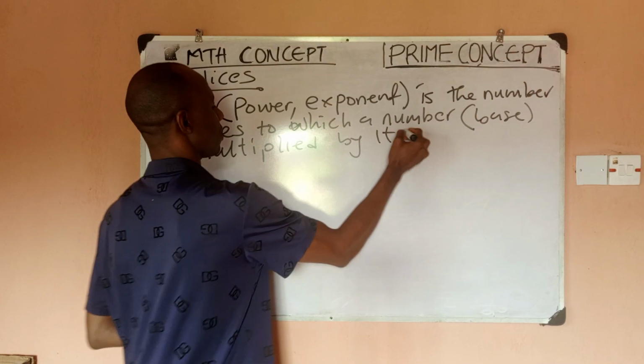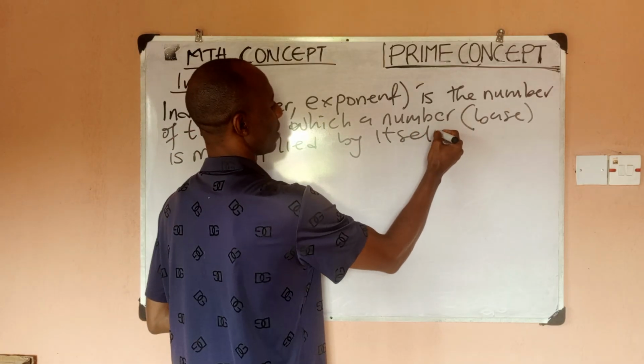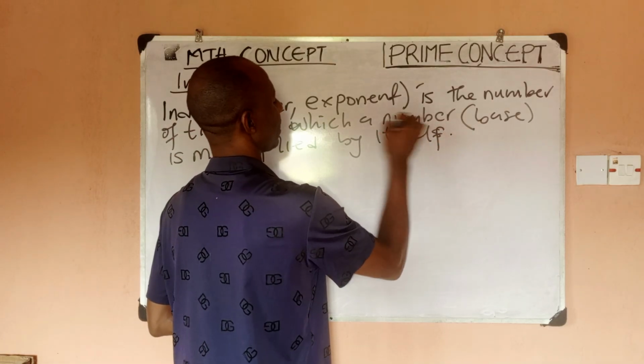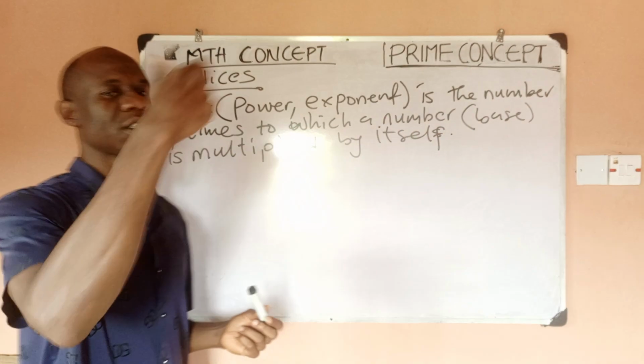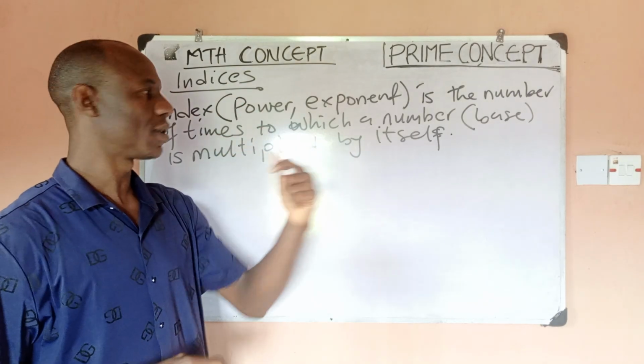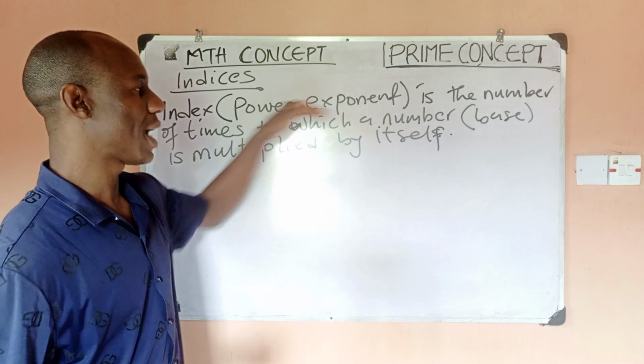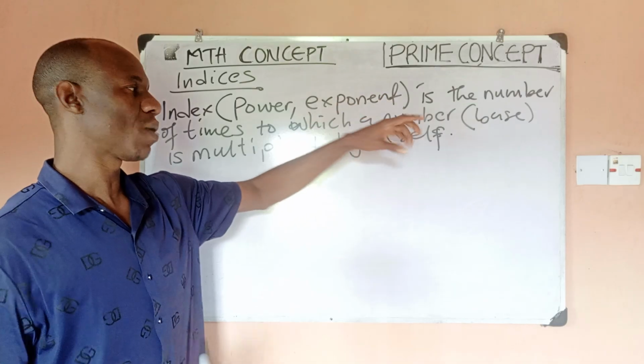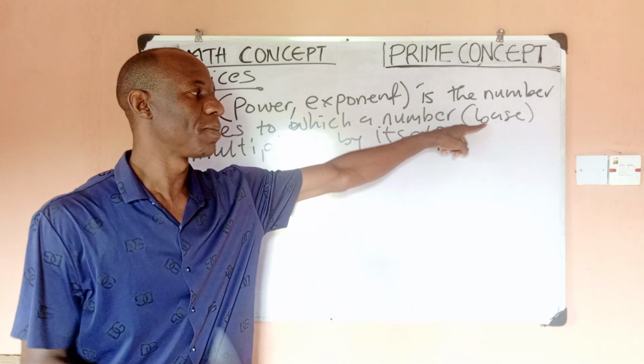So take note, not by another number, but by itself. So the number of times you multiply a number is what we denote as index or indices, or what you know as power or exponent, while the number that is being multiplied is the base.